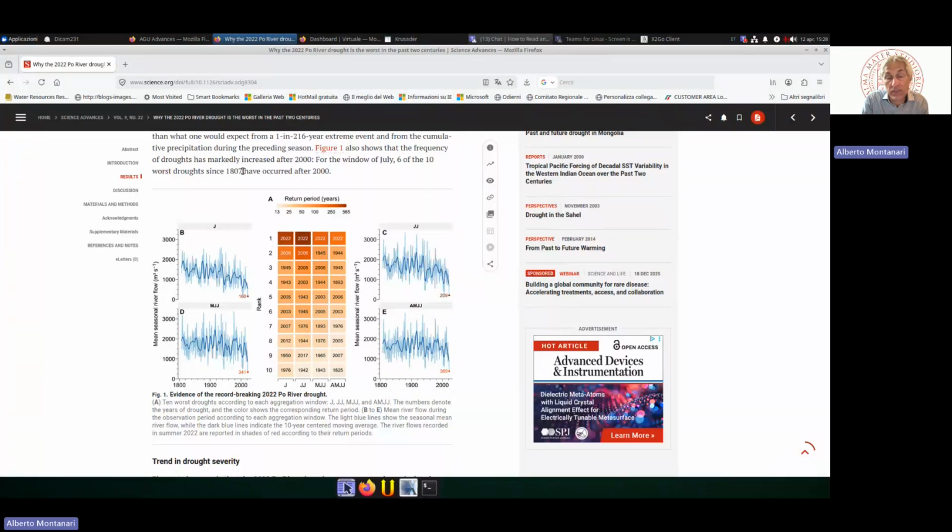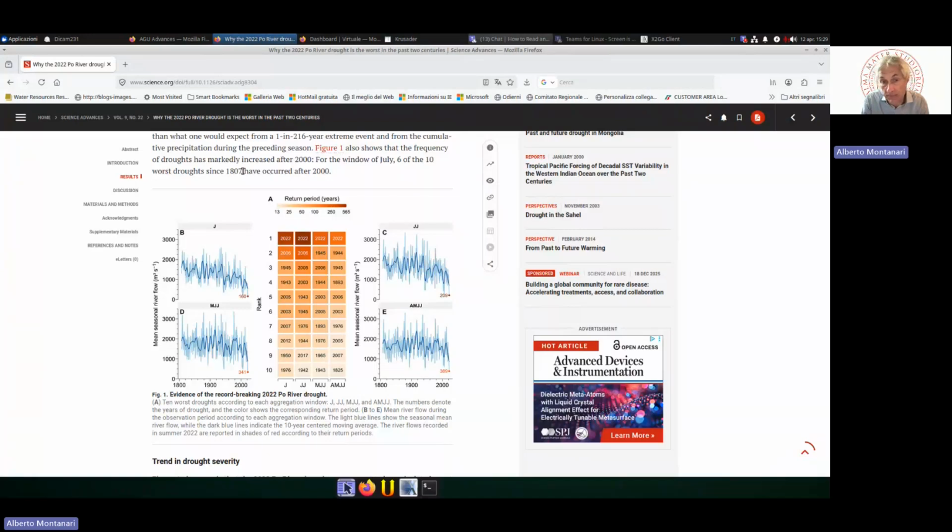And with the dark blue, you see a line that is a smoothed version of the light blue line, which means that we try to smooth the peaks in order to make the progress of the flows during time more regular. So July, indeed, is characterized by decreasing flows.